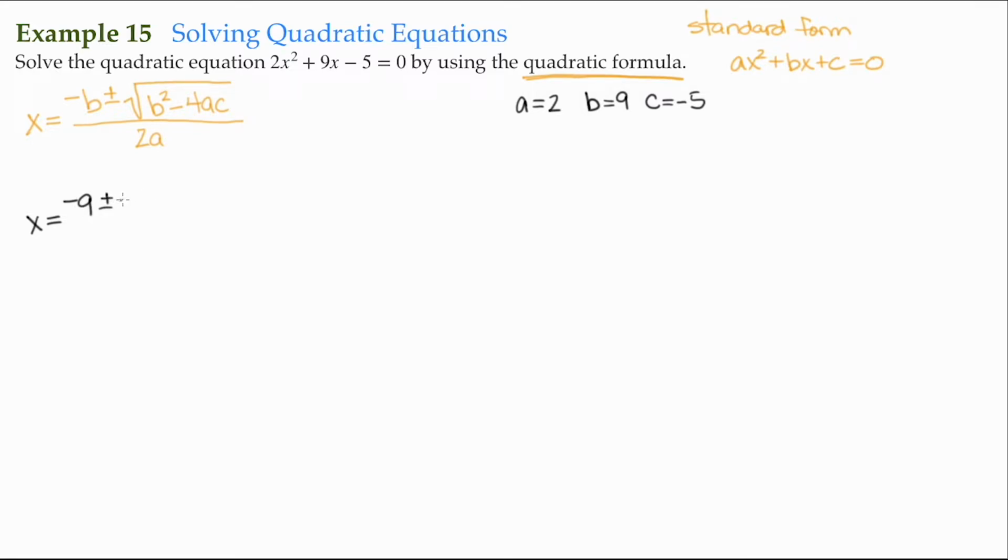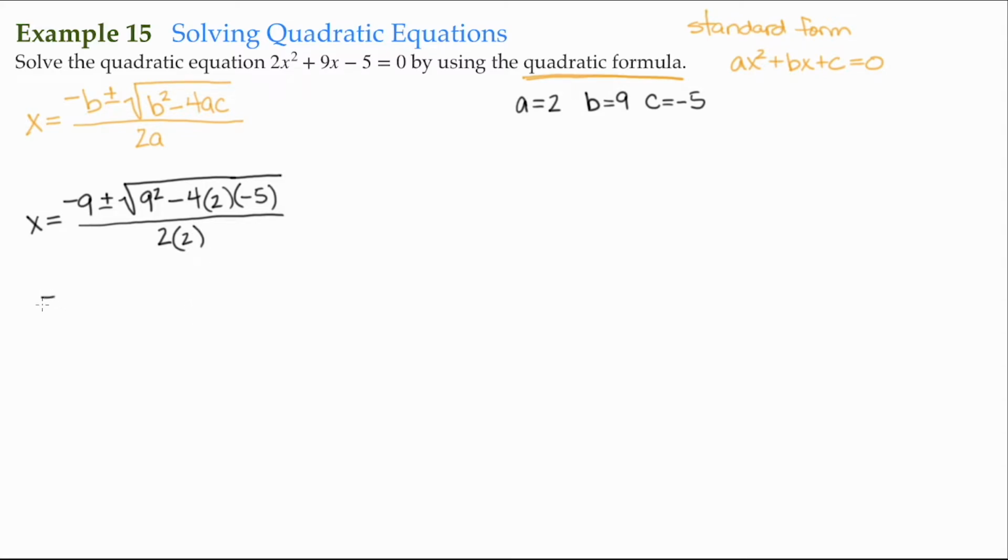Plus or minus the square root of b squared, 9 squared, minus 4 times a, and a is 2, times c, and c is -5. And then all of this is over 2 times a, and a again is 2.